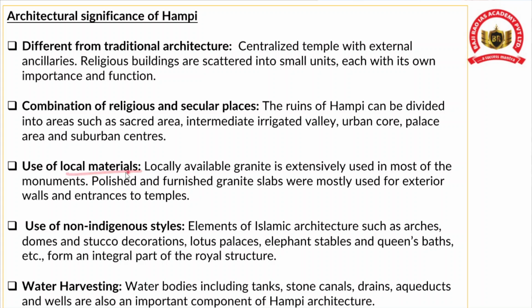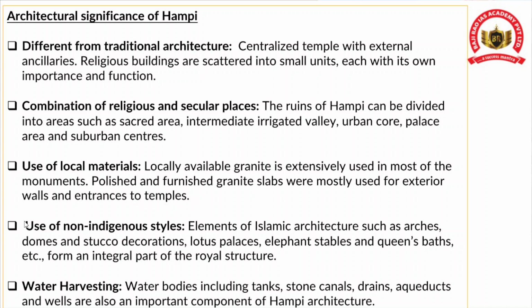For example, they extensively used granite, which is locally available. In most of the monuments that we see in Hampi, we can observe the locally available granite. They polished and finished the granite slabs, most extensively used in exterior walls and entrances of temples.